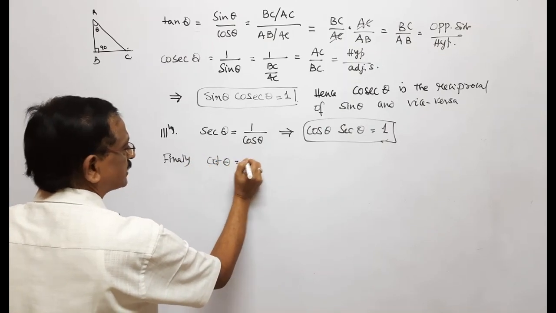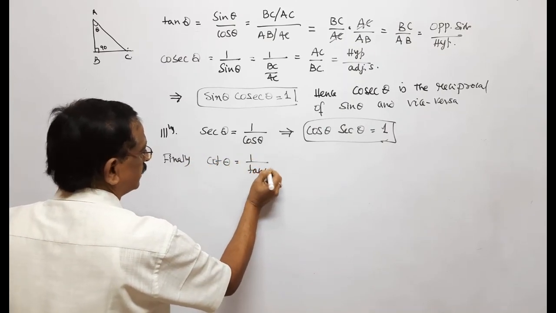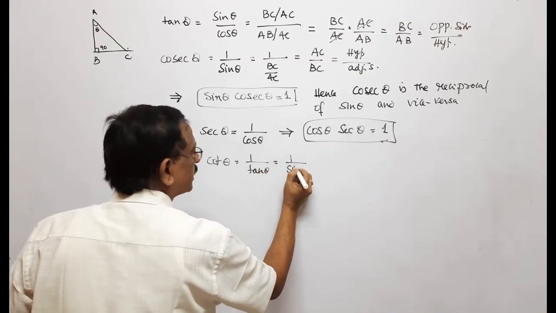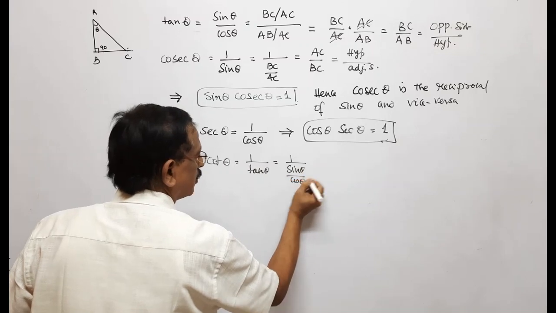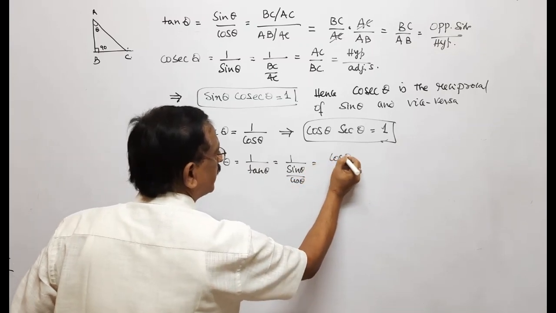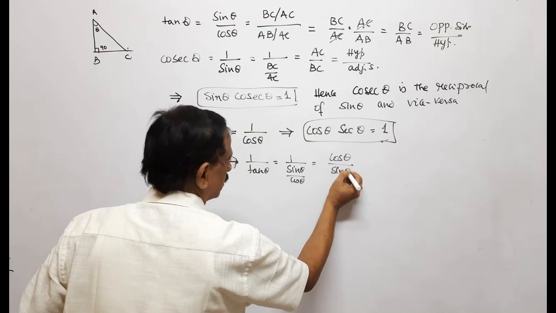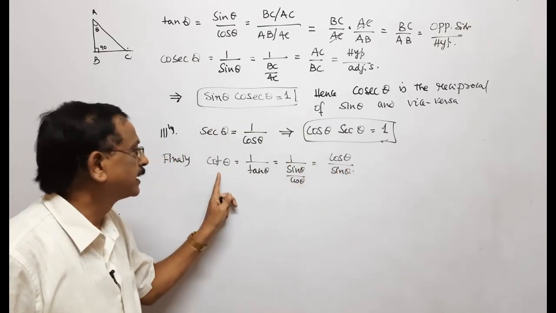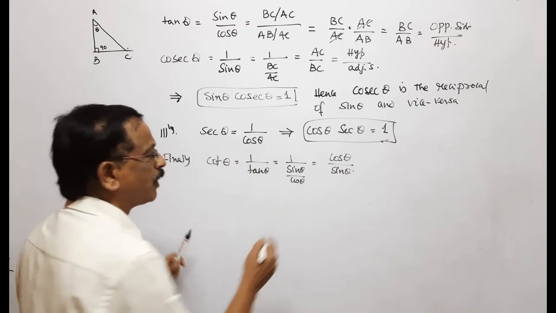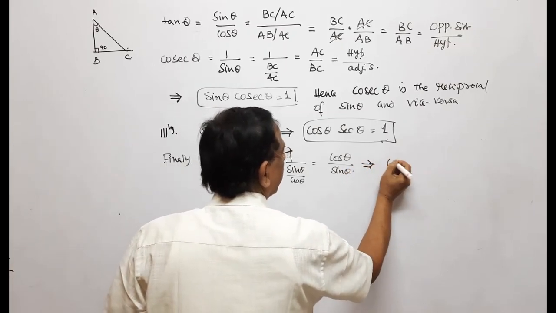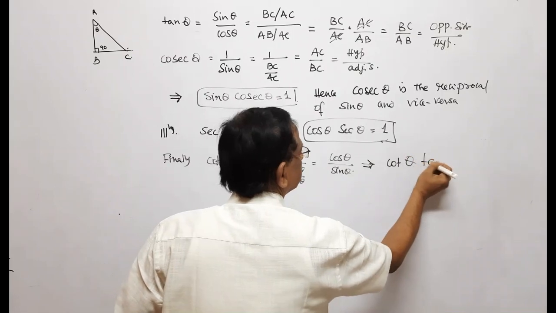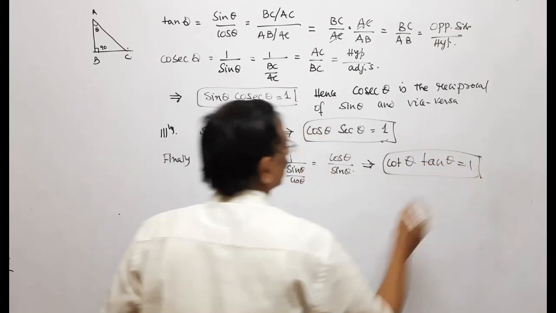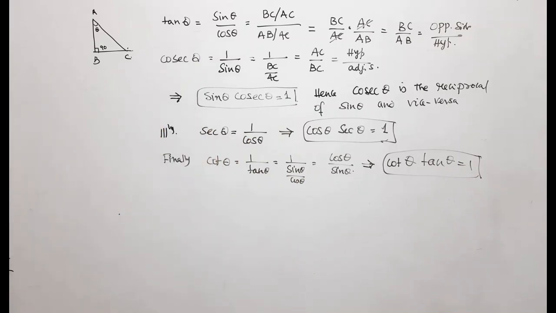Cot theta is defined as 1 by tan theta, but tan theta is sin theta by cos theta, so I'll get cos theta by sin theta. So cot theta can be viewed as cos theta by sin theta, and cot theta into tan theta is 1. So again, cot theta and tan theta are reciprocals to each other.